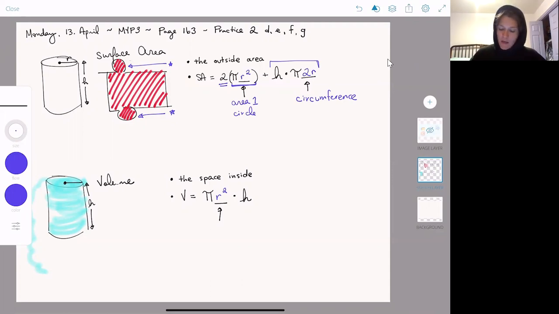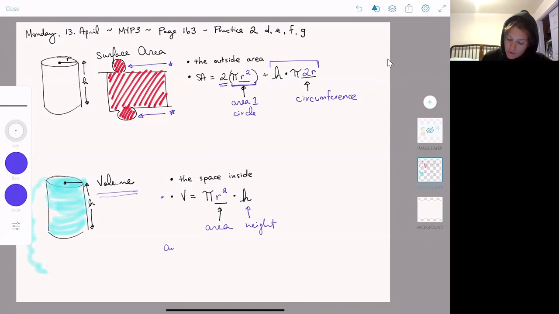Okay, so then when we're looking here at my volume equation, here I'm measuring the area of one circle, and I'm multiplying it by the height in order to get my volume. Okay, so these two equations are very different and they measure very different things.